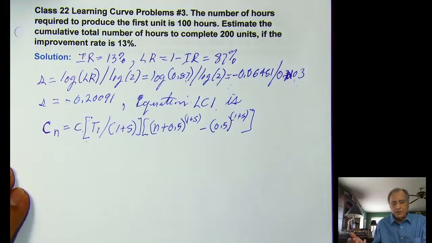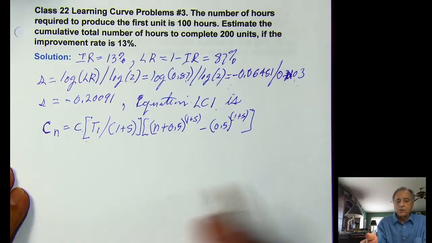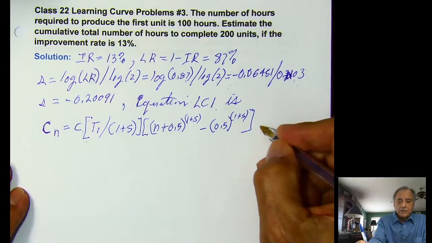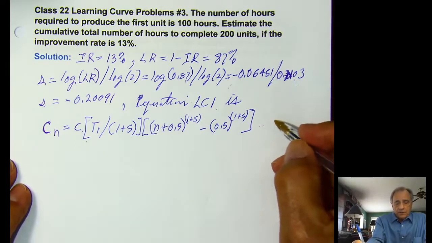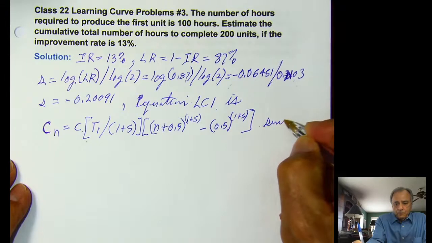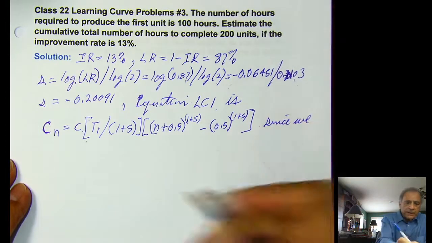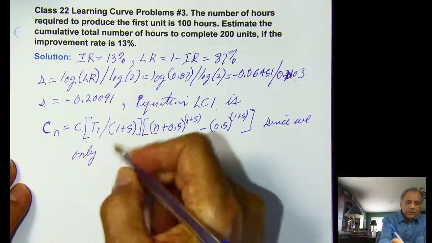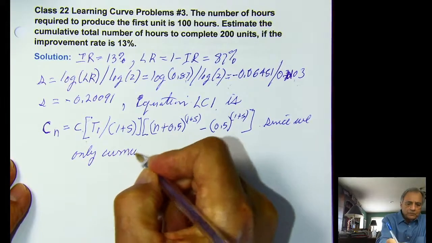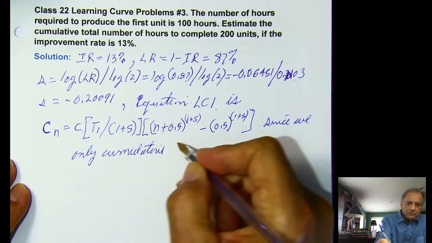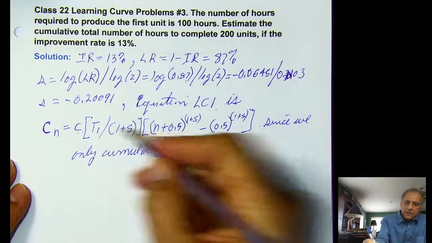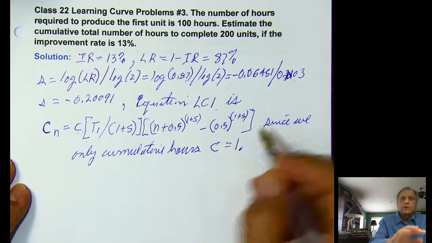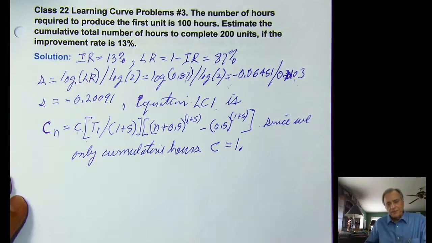But since we're not converting to cost, we're only working with hours, I'll just say, since we only need cumulative hours, C, that's this C here, equals 1. We can basically drop it out of the equation.